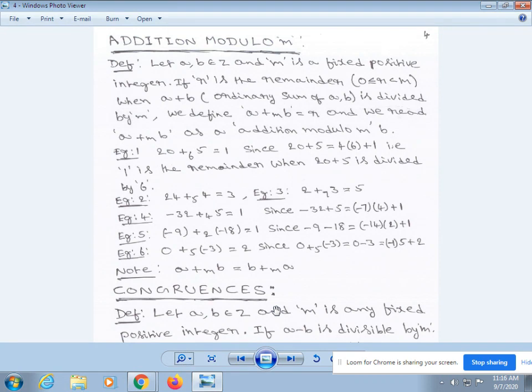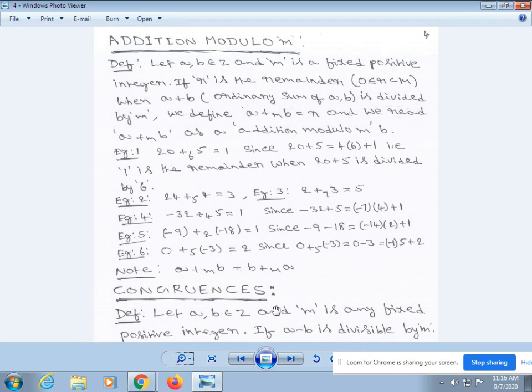For example, 20 plus 5 addition modulo 6 is equal to 1, since 20 plus 5 can be written as 4 of 6 plus 1. That is, 1 is the remainder when 20 plus 5 is divided by 6.